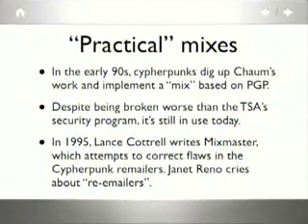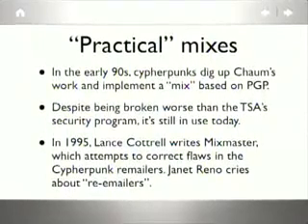So, on the history front, some of the cypherpunks read Chaum's paper on mixes and decided to implement it using PGP as the encryption layer. And unfortunately, there were dozens of problems that came up with the implementation as a result of that, and it's pretty much completely broken. It gives you a good warm fuzzy feeling that you have to go through all this extra work in order to send your messages, but it doesn't really buy you anything.